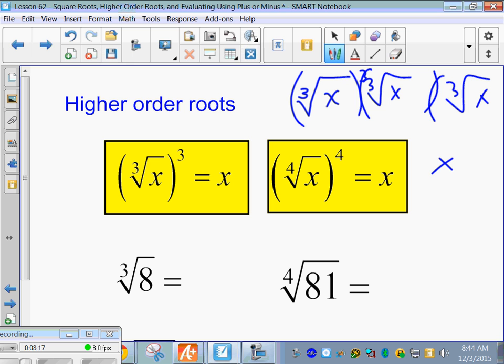Yes. So if you wrote it 3 times, you're cubing it. It's the same concept. Then you get x. Just like when we did the square, we wrote it twice and we got the number inside.